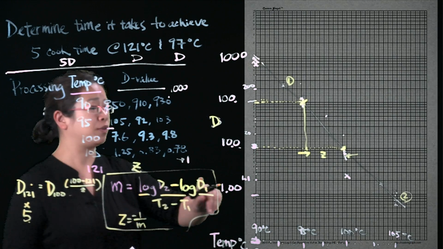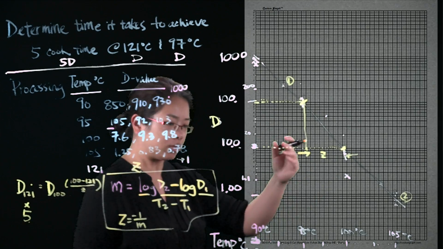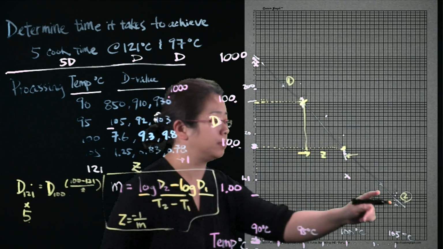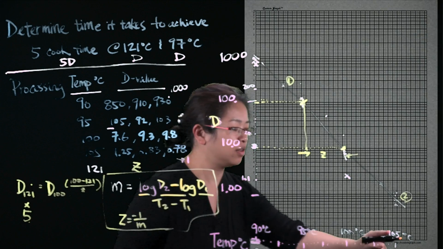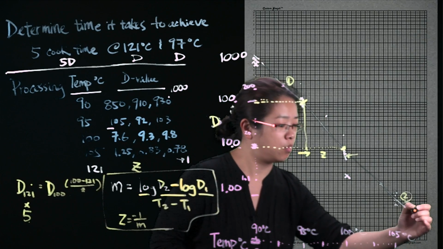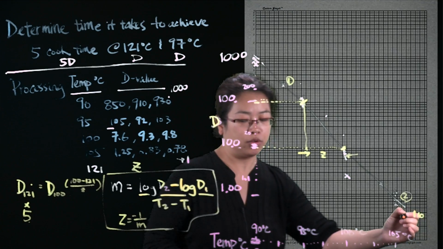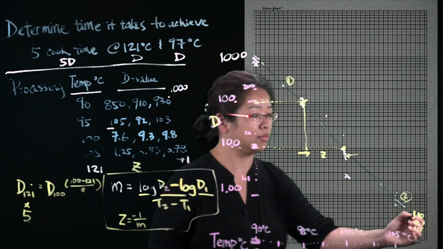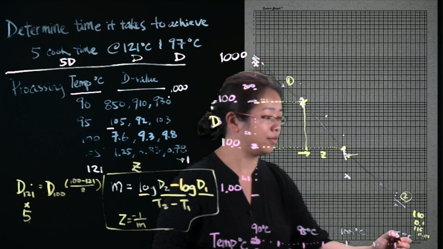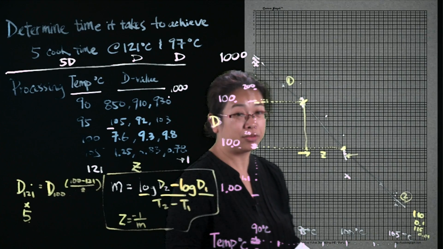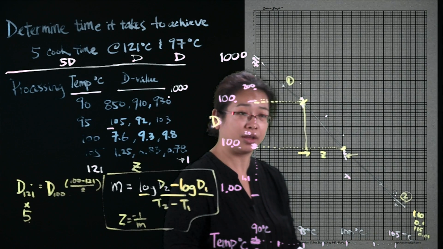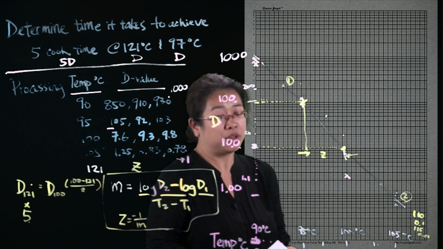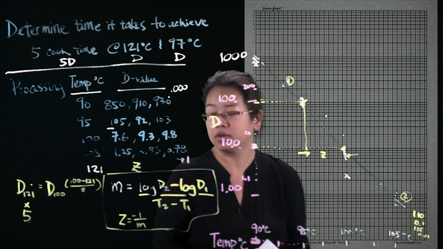As you can imagine, it's going to be a very small number, because at 100 degrees Celsius it takes about 10 minutes, 105 is 1 minute, 110 is going to be 0.1 minute, 115 will be 0.01, and 120 will be 0.001. So we are talking about less than a second. Even if we multiply by 5, it's a matter of a few seconds.